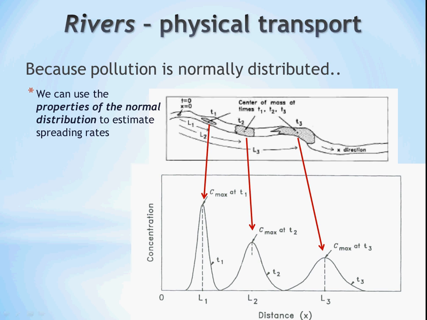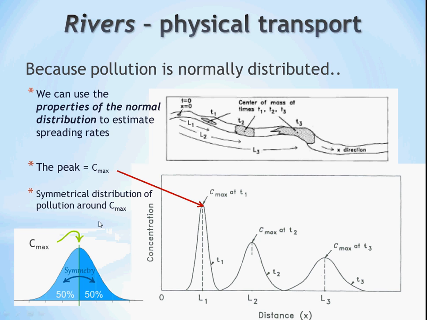Okay, so we can use the properties of these normal distributions to estimate spreading rates. So here again, we have the peak at the center of the distribution, and the pollutant is symmetrically distributed around that C max at each time point.